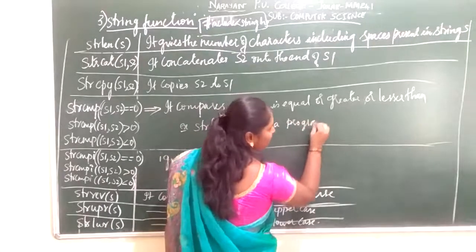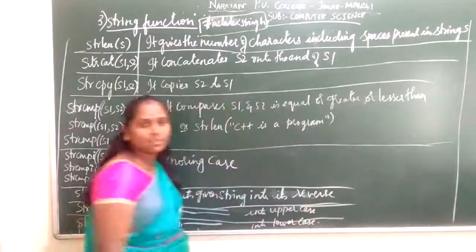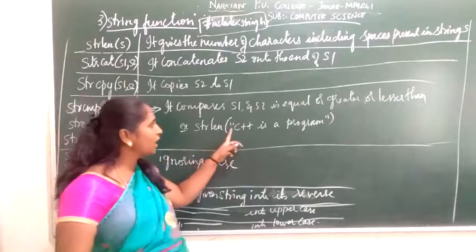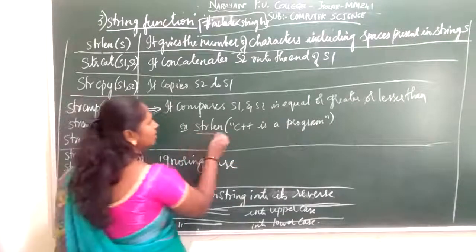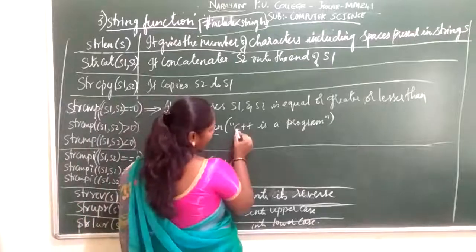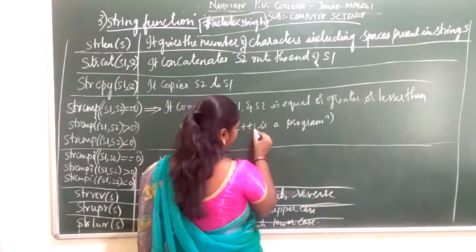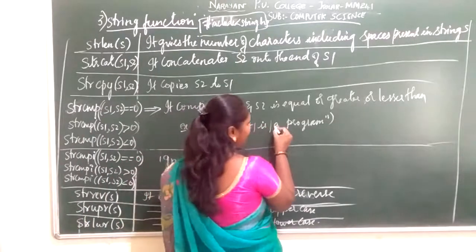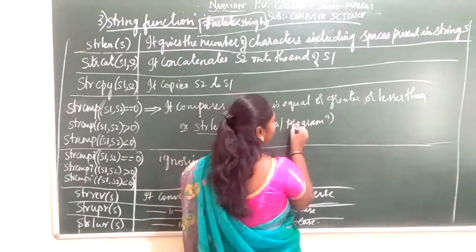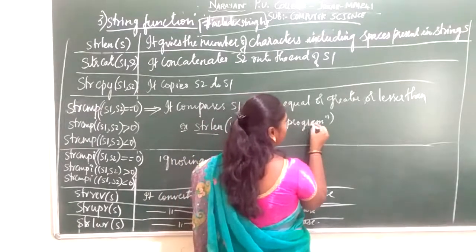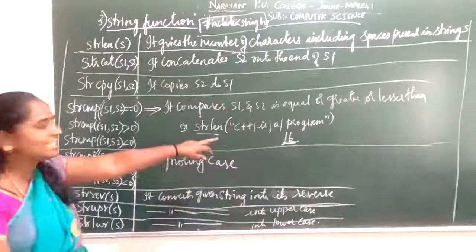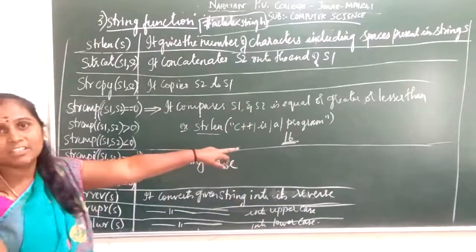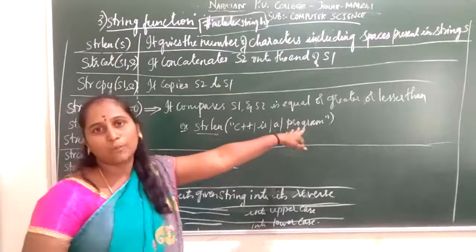String should be enclosed with double quotes. So what is the length of the string? It counts 1, 2, 3, even the space 4, 5, 6, 7, 8, 9, 10, 11, 12, 13, 14, 15, 16. The length of the string is 16 characters present in the given string, "C++ is a program".